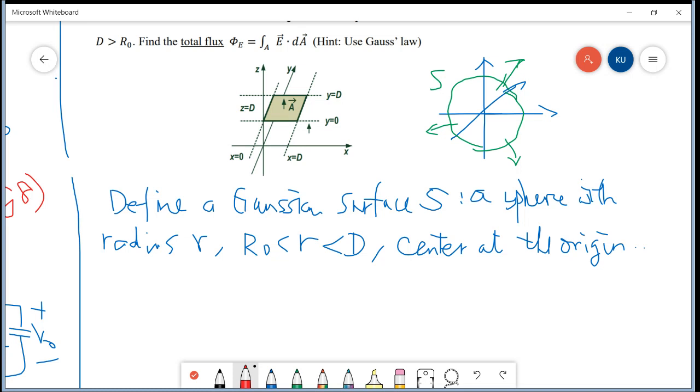So we can find that the integral of E dot dA, according to Gauss's law, equals Q enclosed over epsilon naught.